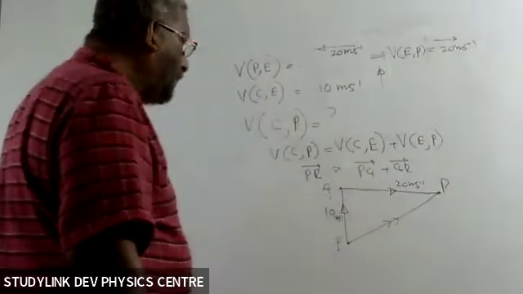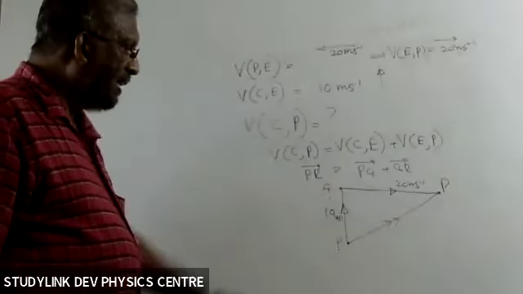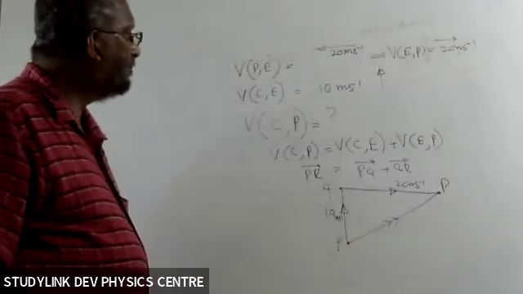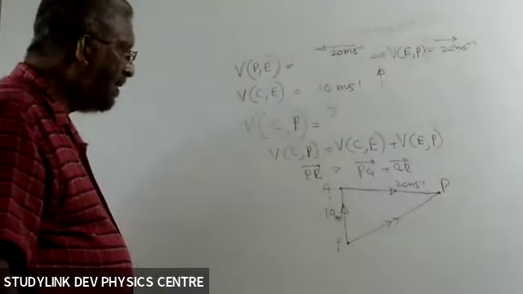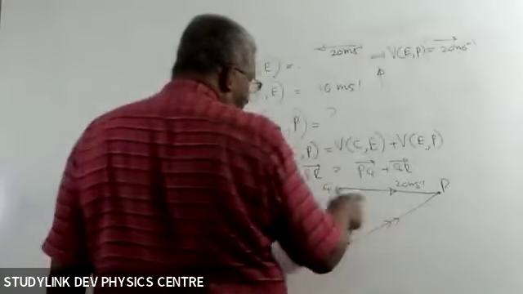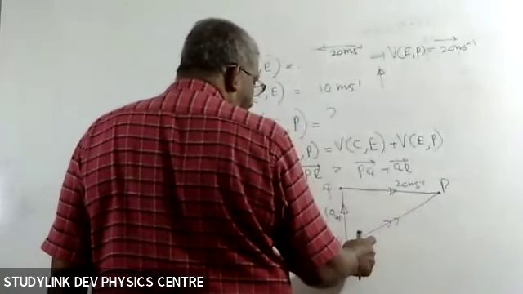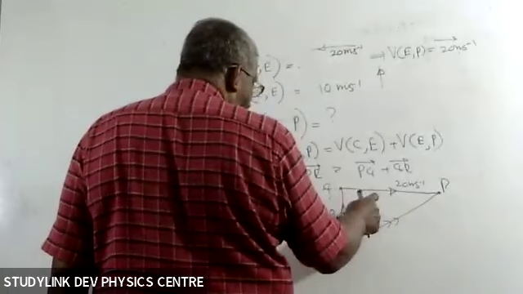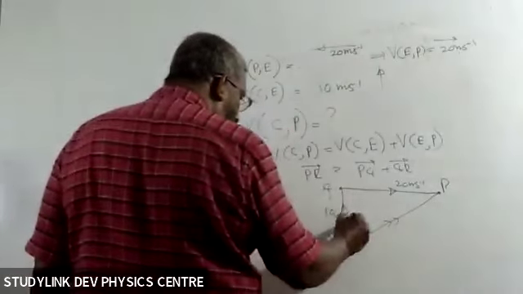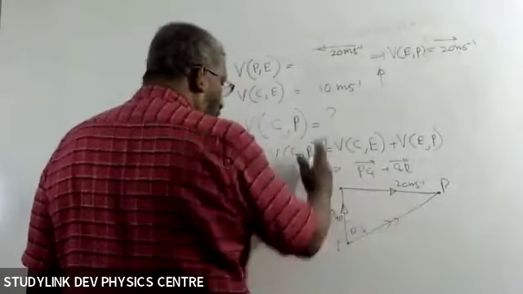Now we want to find the PR value and the direction. What is this direction? North. Now this direction is east. But here north, this is east. Then what is this direction? From north to east.